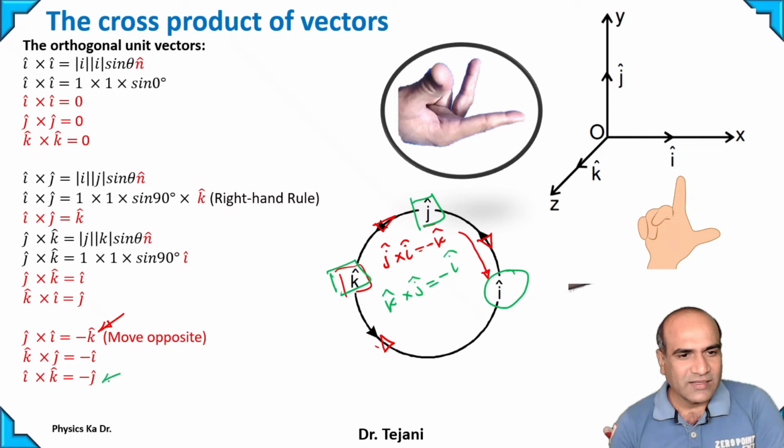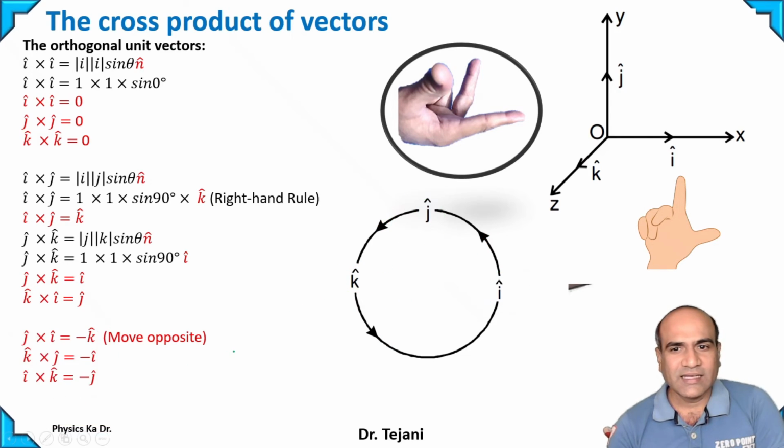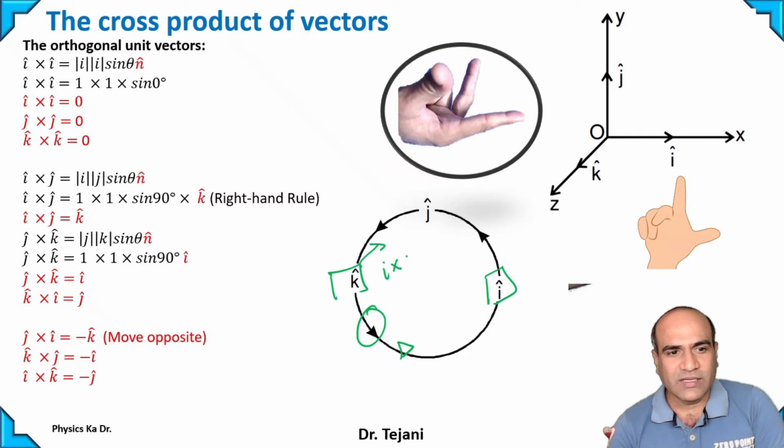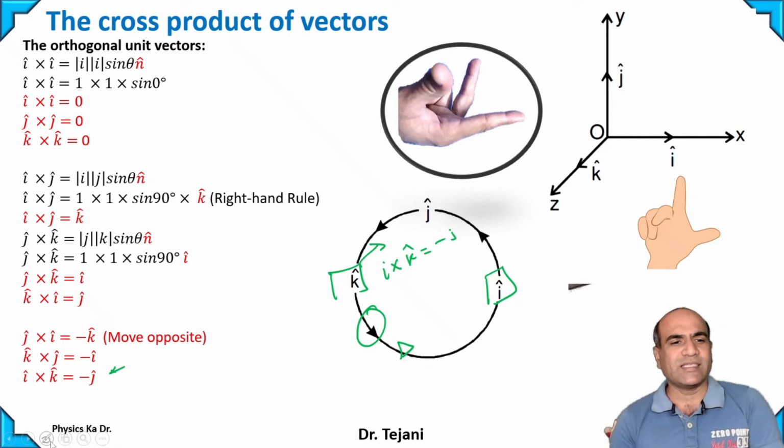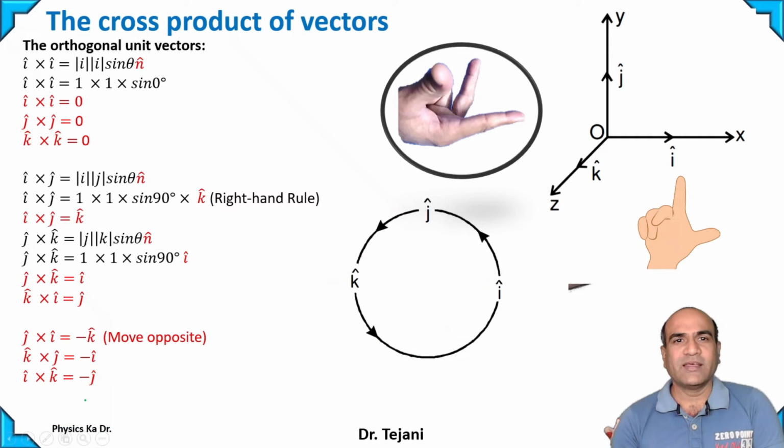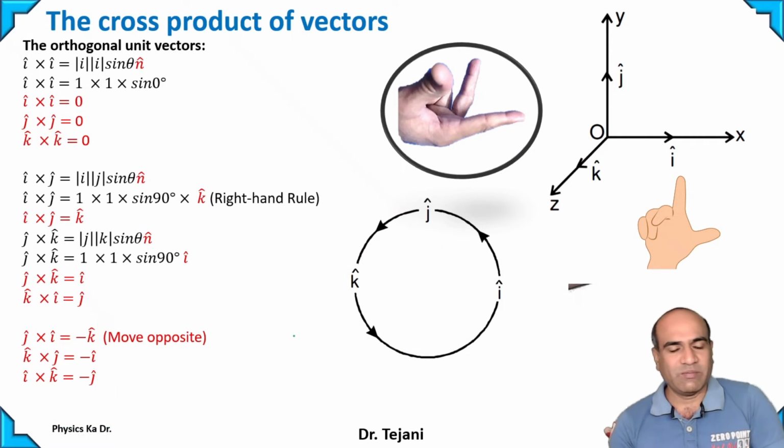And for the last, i k, if you see the direction which is opposite, i cross k is equal to minus j. So this is a very simple method to remember this part.